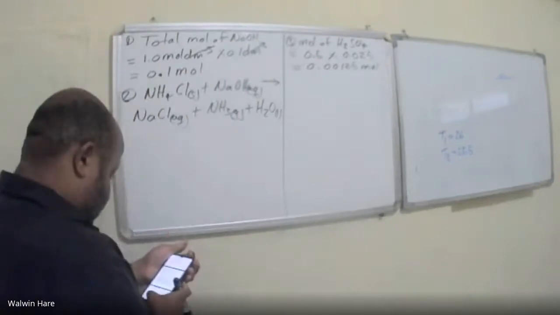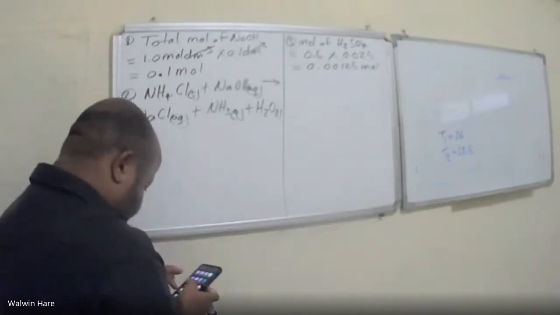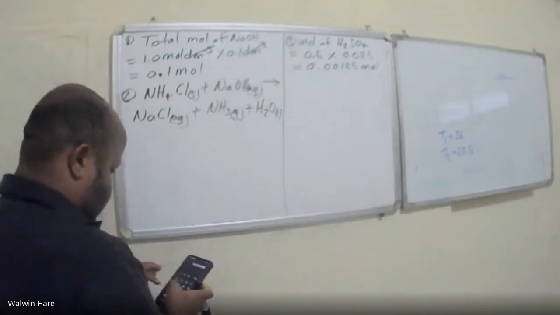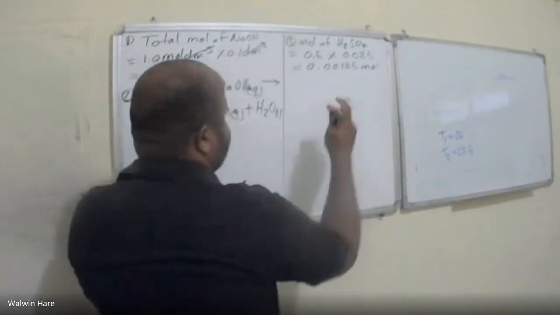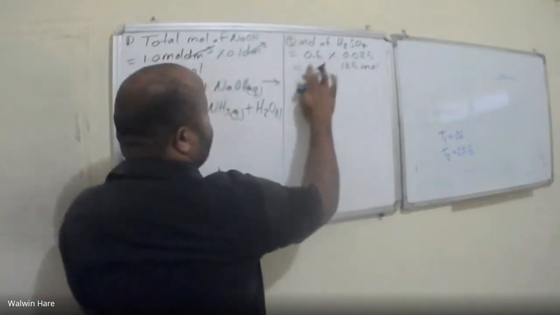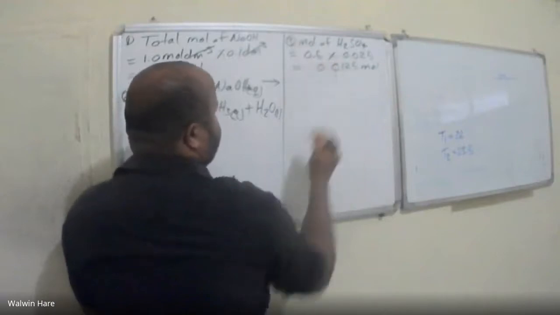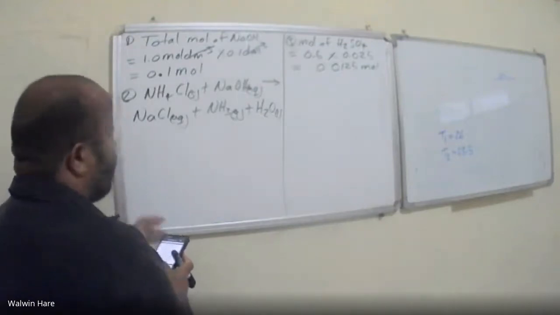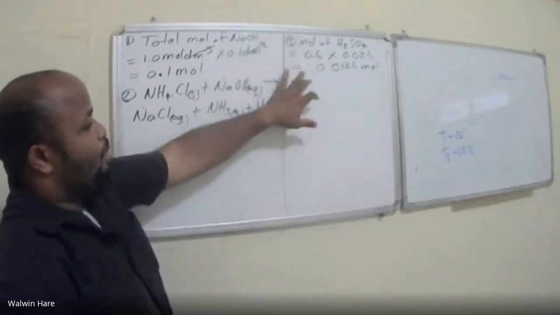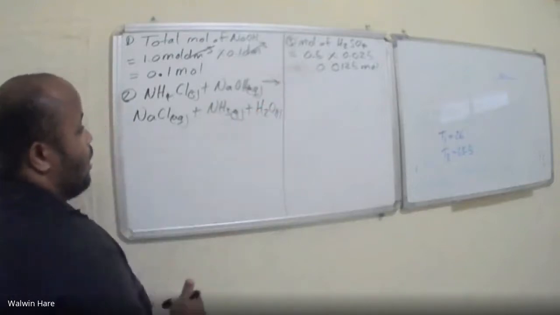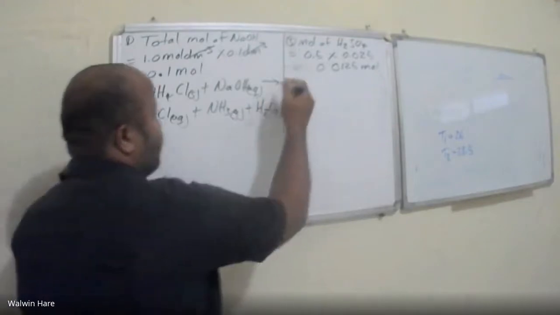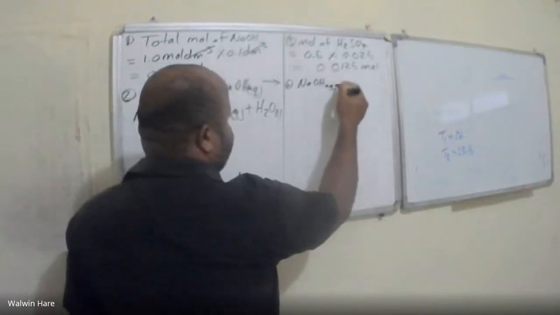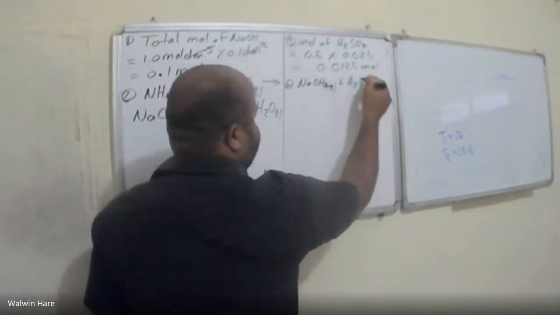Let me just check that to make sure. So once we get the mole of sulfuric acid, again, we need a balanced equation. So sodium hydroxide plus sulfuric acid.